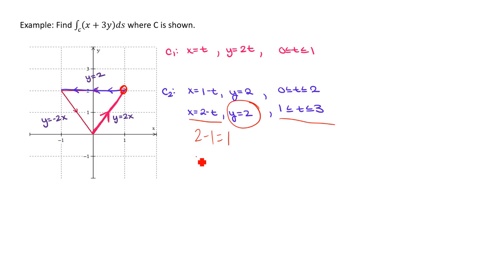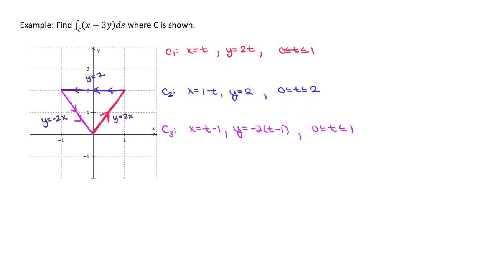And then they'd go to 3, because if you plug in 3, you get -1, and that's where this stops. So you could use either one of these sets of parametric equations. You could even come up with something different, as long as it's describing the exact same path and moving in the correct orientation. I'm going to use the first one, because I think it's easier when you start with t equals 0.